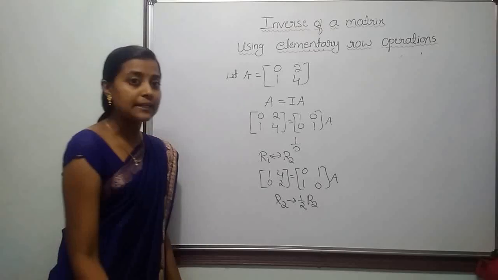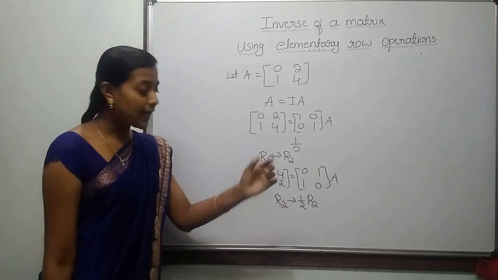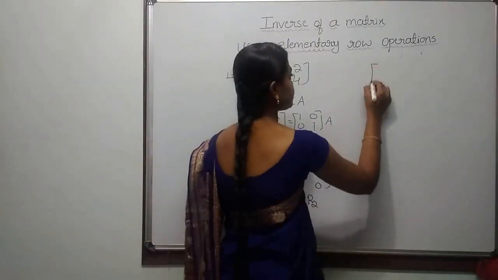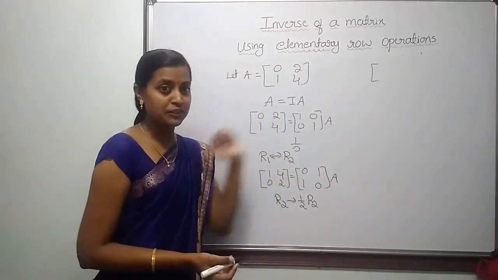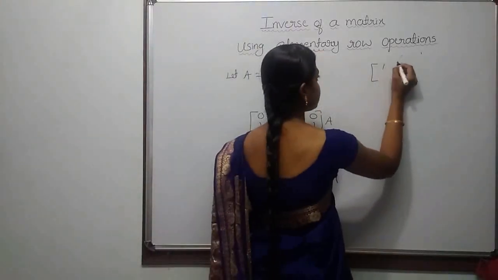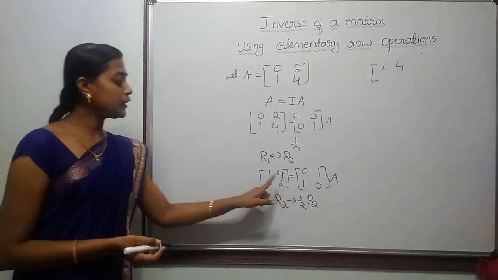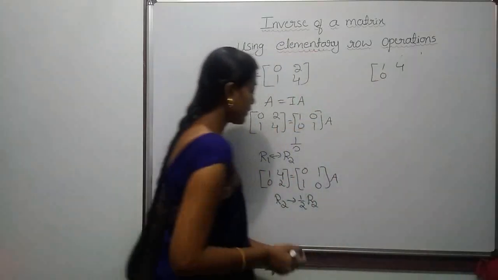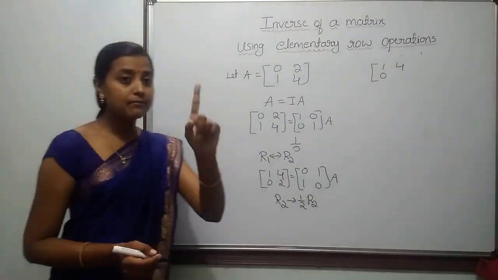Let us apply the operation. We are changing R2. I keep the elements of R1 as it is, 1, 4 as it is in the first row. In the second row, 1 by 2 into 0 is 0. 1 by 2 into 2, the 2 gets cancelled, we get 1.